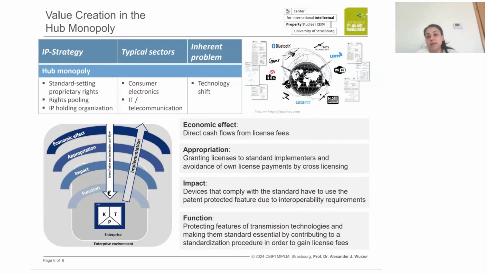Cross-licensing agreements can be made to expand the effects of the IP portfolio and prevent paying licensing fees. The economic effects generated are licensing incomes, direct incomes from licensing, and also license fees that will not be paid due to cross-licensing.